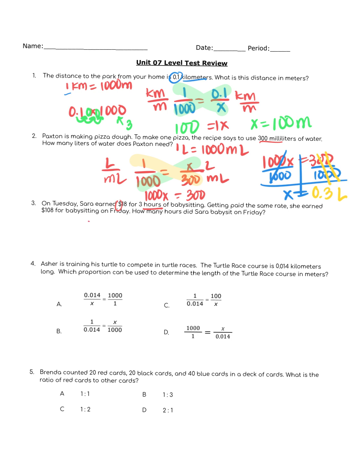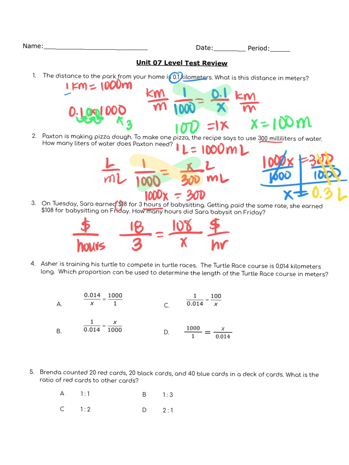So we're going to label our proportion dollars and hours. So I know I have $18 for 3 hours, and I want to know $108 for x hours. Then you can solve it from there.